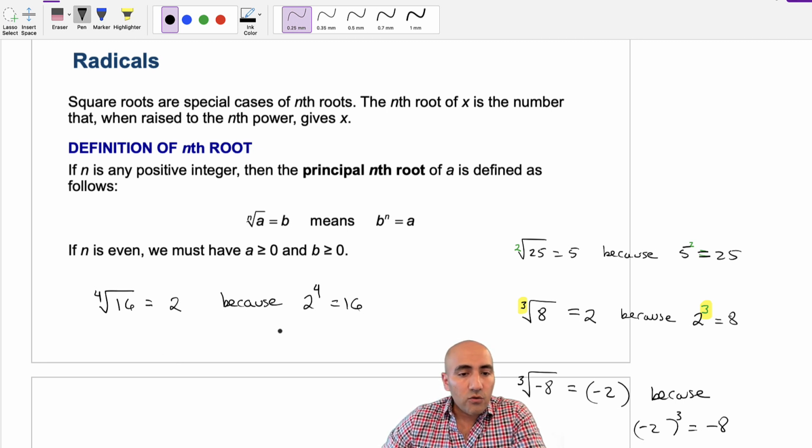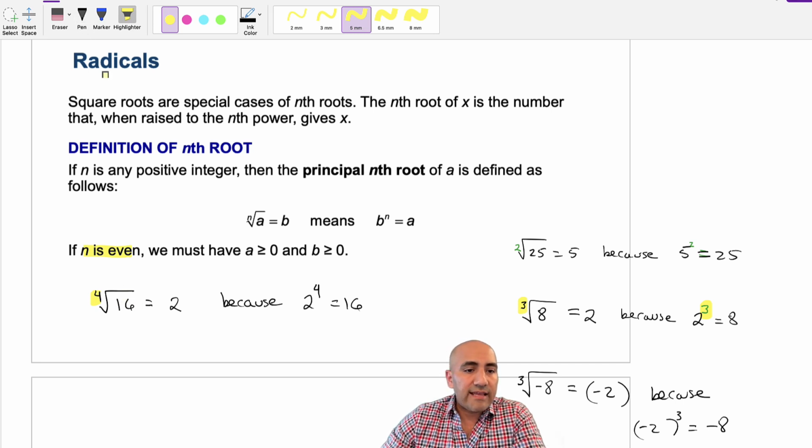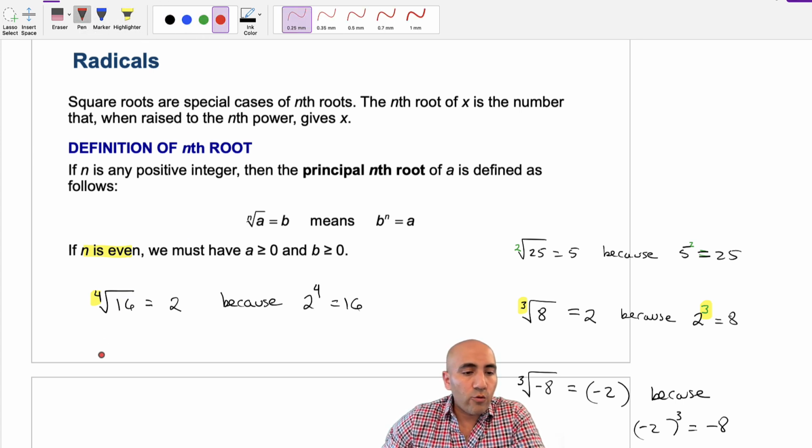All right, so note that what this is saying is n is even, just like here. When it's even, then the a and the b both must be positive. So we cannot have a negative inside here, because if this was the fourth root of negative 16, a number such that when you multiply it by itself 4 times the answer is negative, that wouldn't work, right?